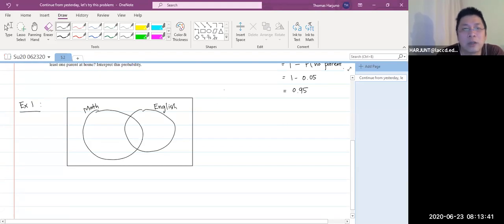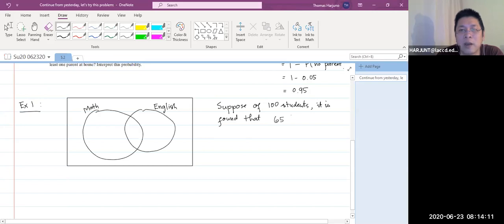Now, suppose I say this way. I will need you to construct the Venn diagram. Okay, suppose I say, suppose of 100 students, it is found that let's say 65 take math, and then how about 47 take English, and 23 take both.